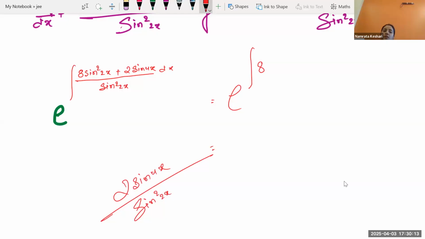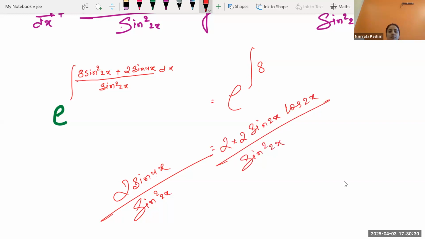Let's try expanding the numerator with the double angle formula. Can we write it as 2 into 2 sin 2x cos 2x? Yes, we can write it.